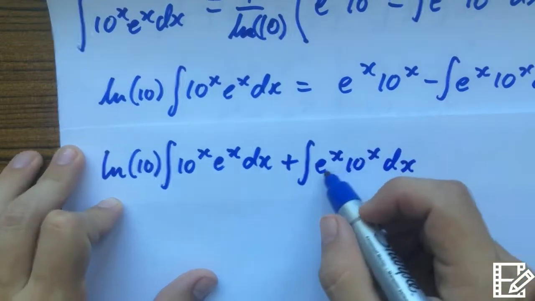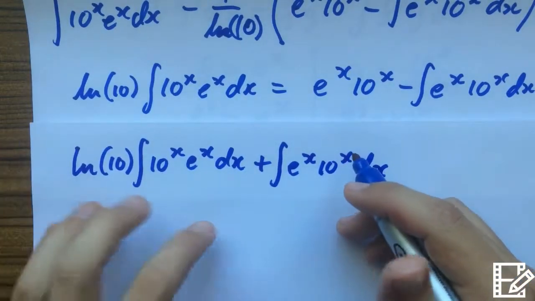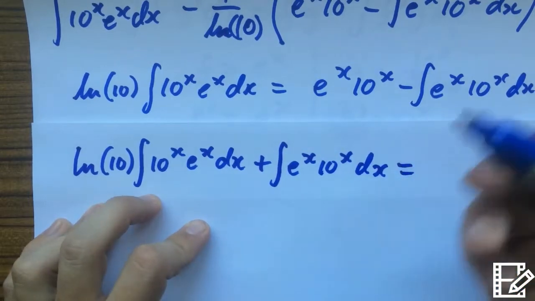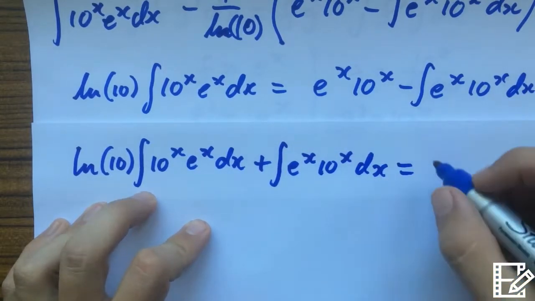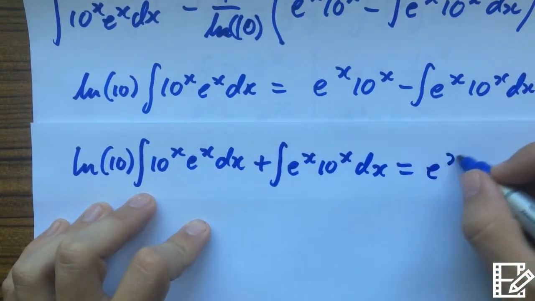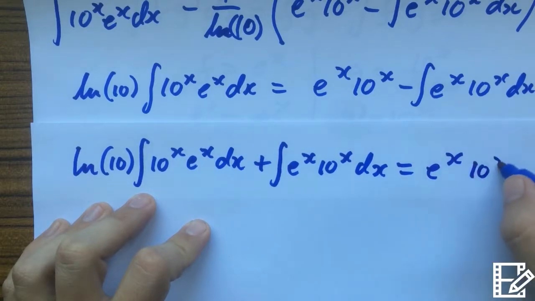When I'm saying the x, I mean to the power, as you can see as I'm writing. I just don't remember to say to the power all the time. But that will equal e to the power of x multiplied by 10 to the power of x.